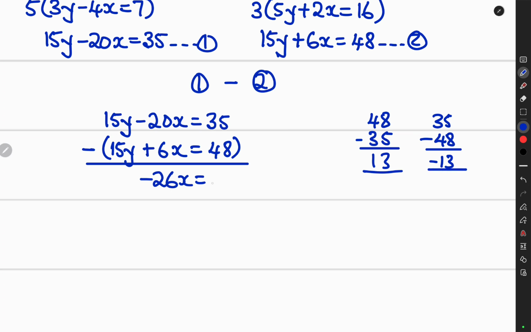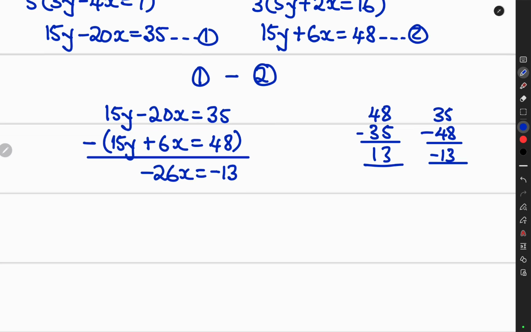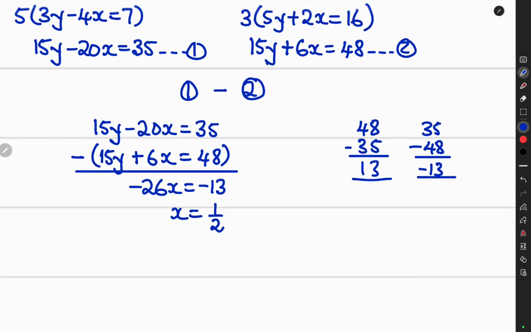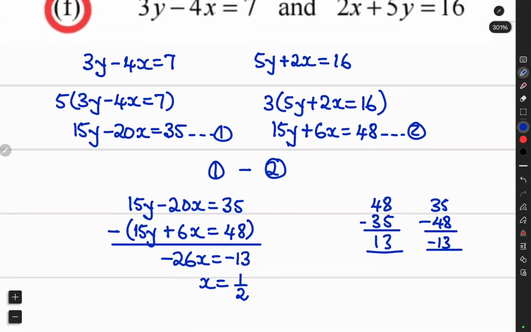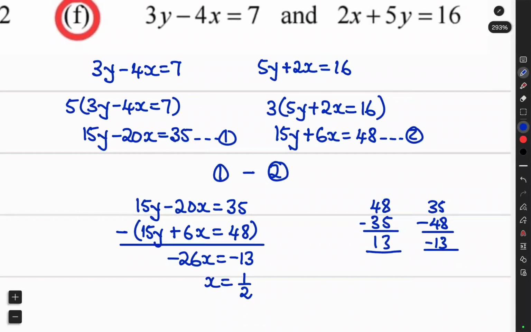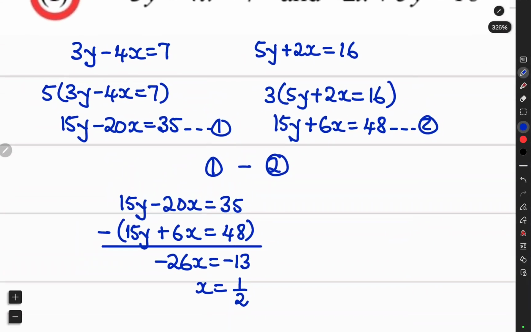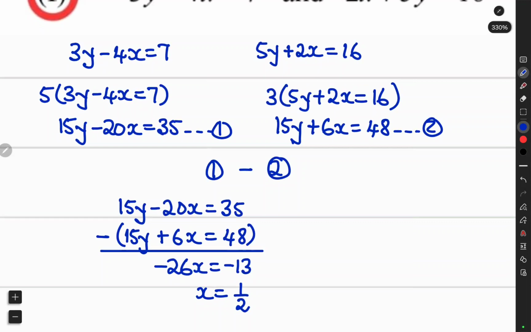Let's write it here. x will therefore become what? Half. x will become half. After having this, we can substitute in equation 1 or 2 where there's x.